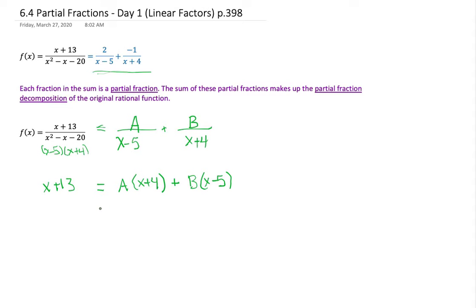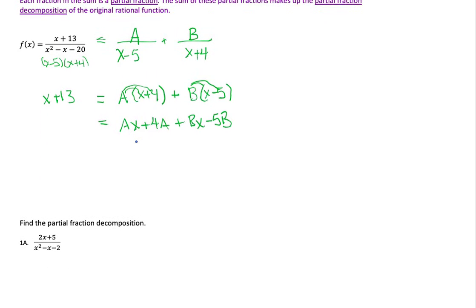Now I'm going to distribute those through. So Ax plus 4A plus Bx minus 5B. Then I'm going to group them.